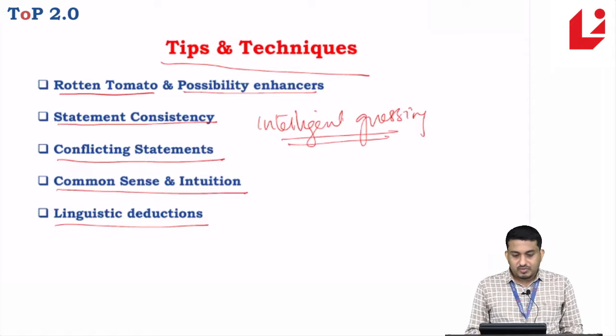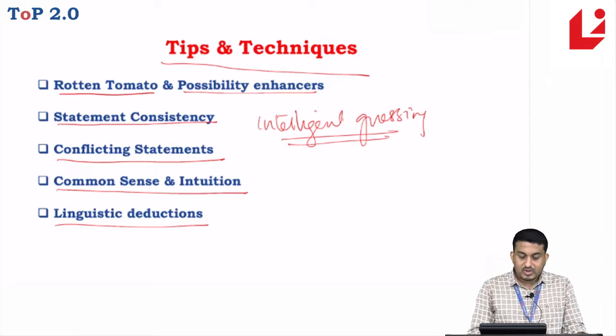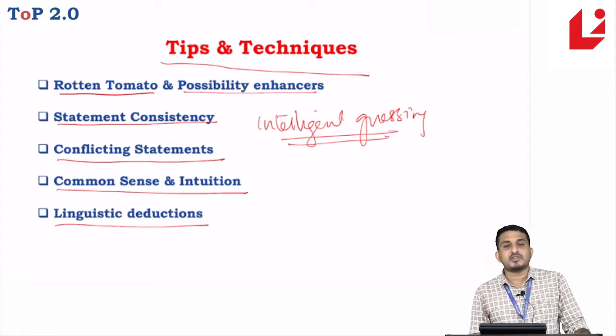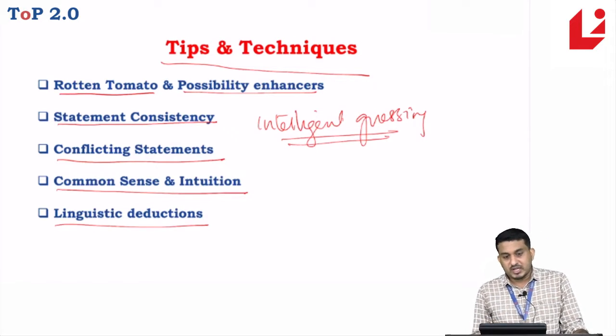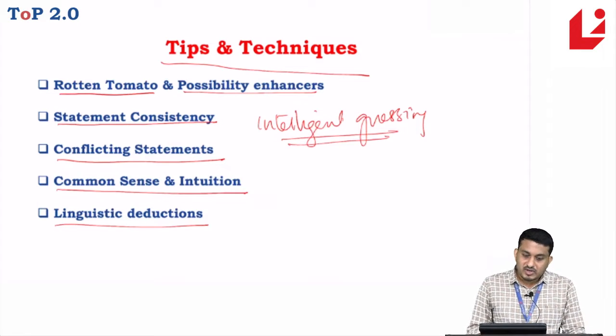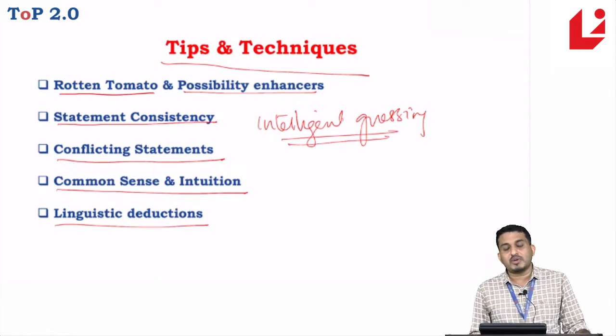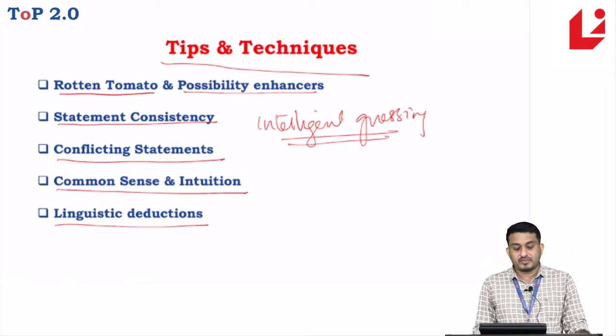Before getting into detail regarding this particular tip, you need to keep in mind the first and foremost thing to make an intelligent guess: you need to observe the examiner very carefully, observe his way of thinking. Always keep in mind that it is very difficult to devise a wrong statement because the examiner needs a very strong argument to make a statement wrong, to avoid controversies.